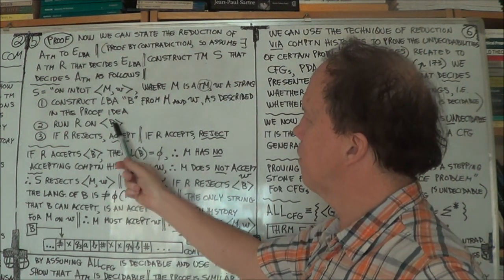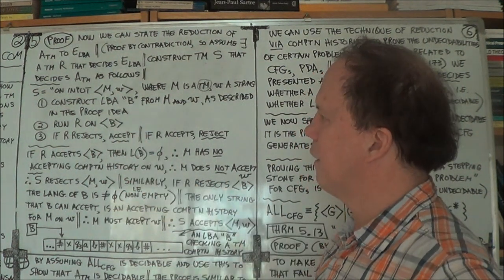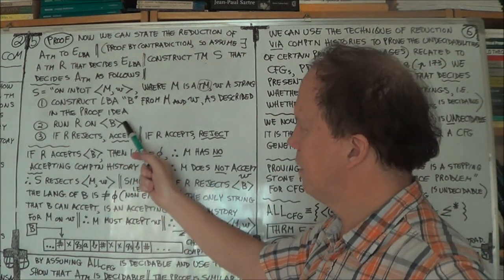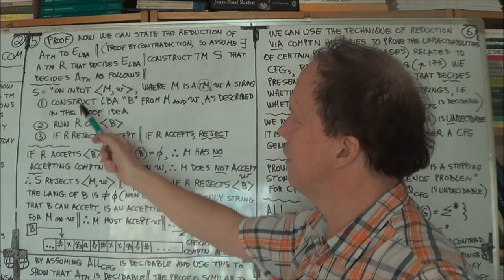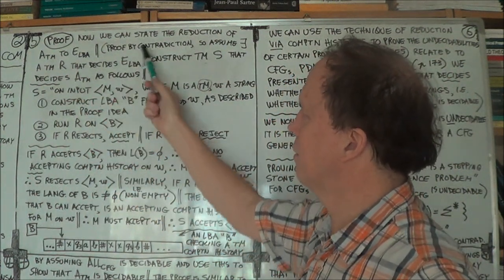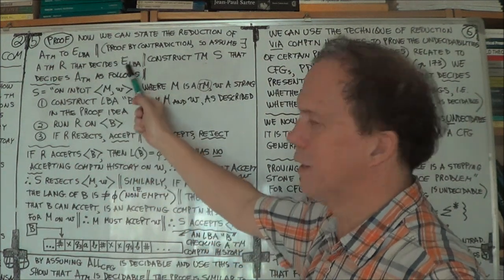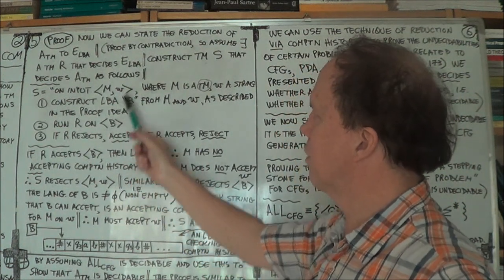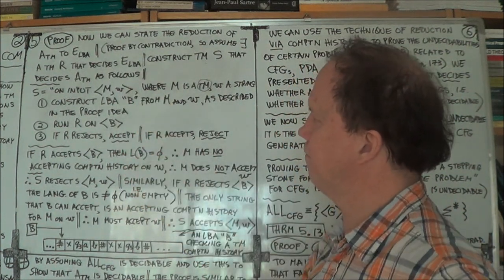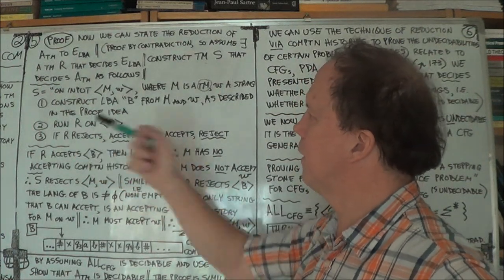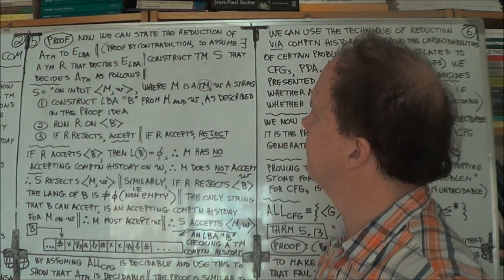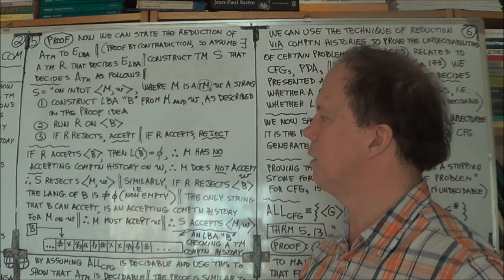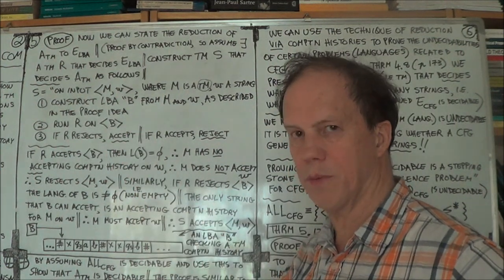Now we have a description of B that we encode, in angular brackets, and we run R, which we assume exists and decides this language, and this is just a string of that language. You just run R on this, and it'll return accept or reject.